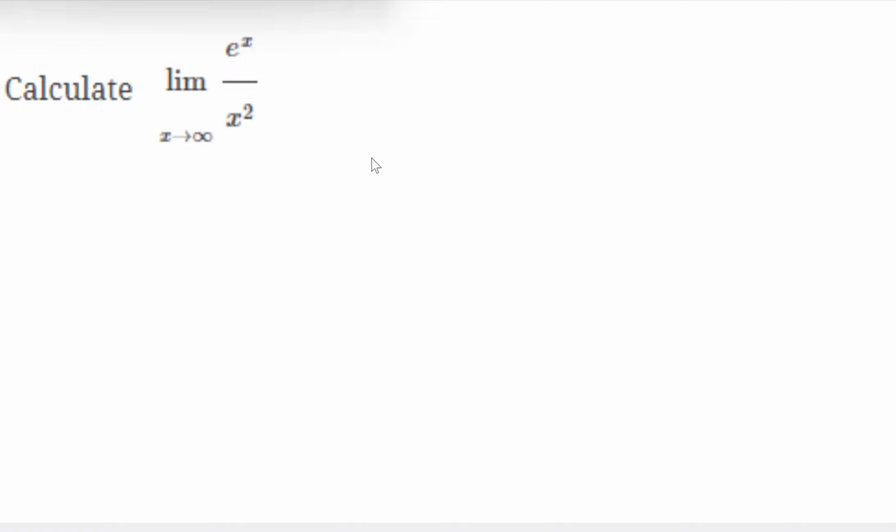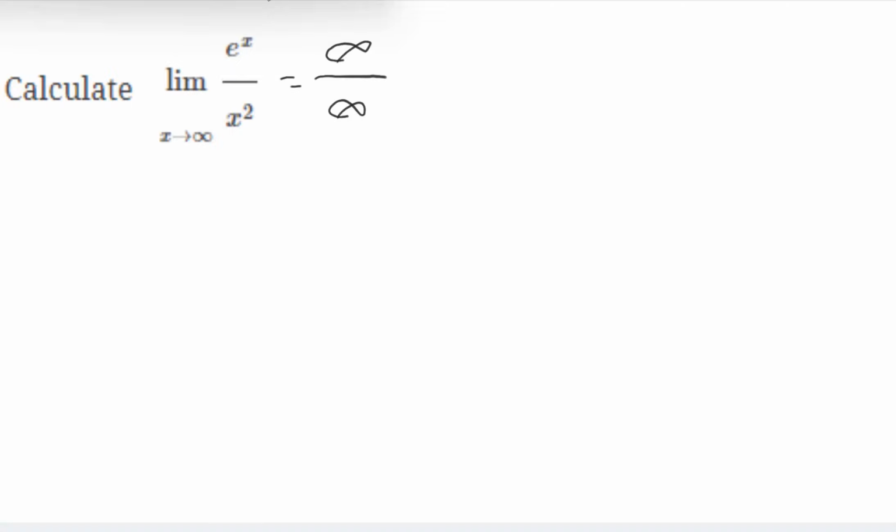All right, so we have e to the x over x squared. So if I plug infinity into this, the top's going to infinity, and the bottom's going to infinity.